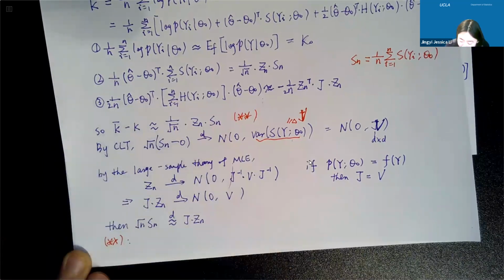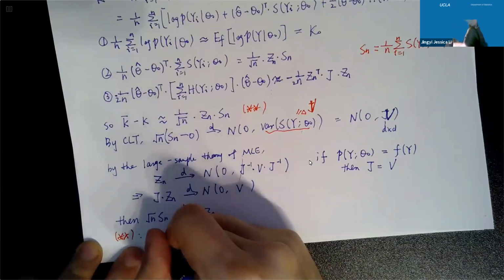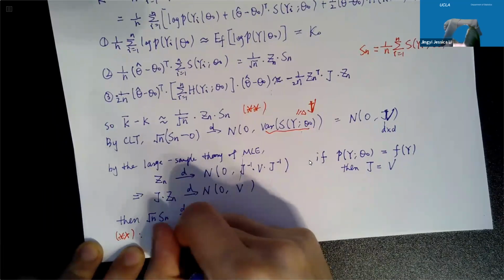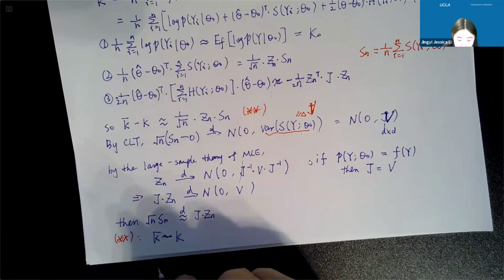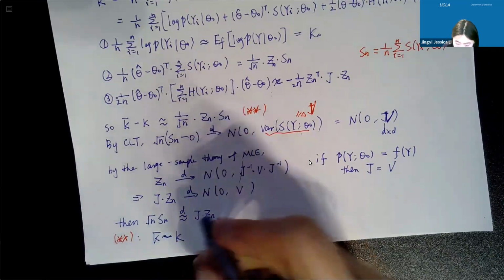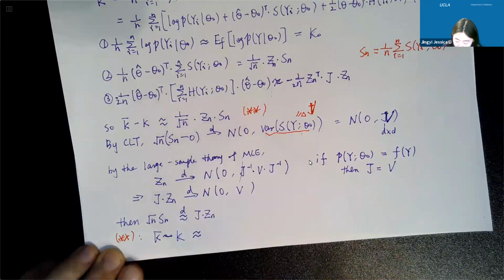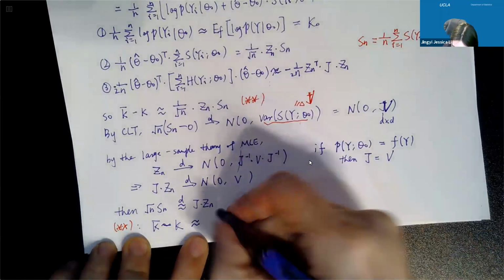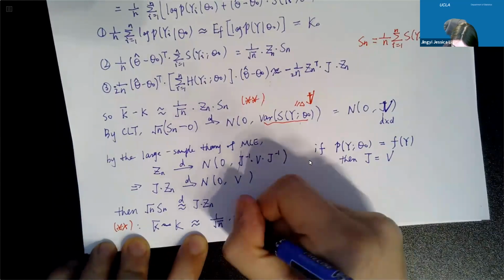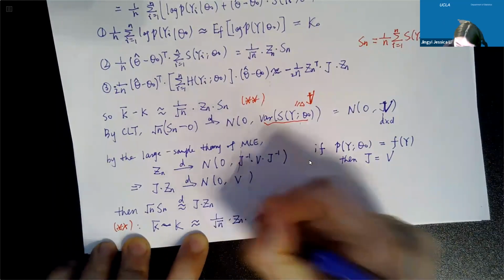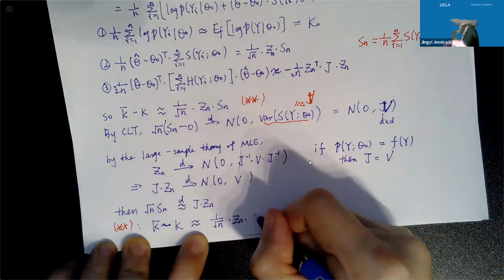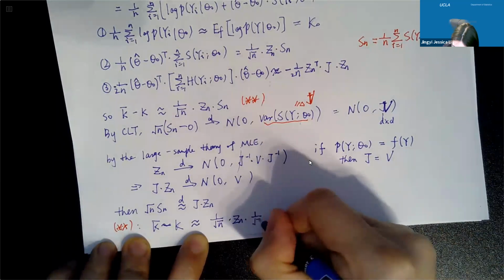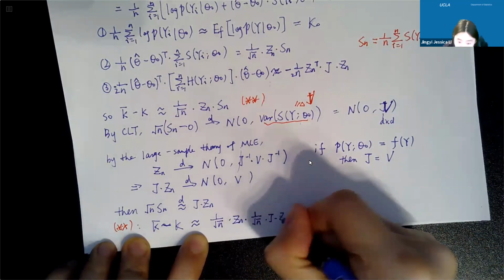Okay, and that will give us that k bar minus k can be approximated by this thing: 1 over root n times Zn times 1 over root n times J times Zn.